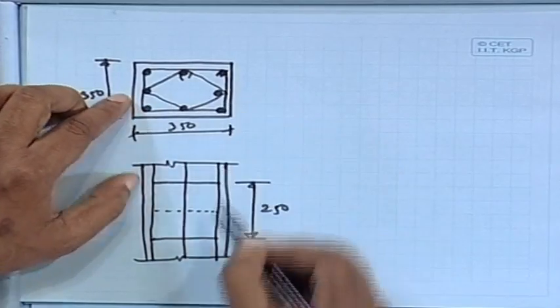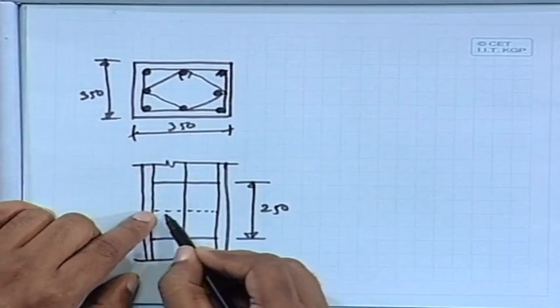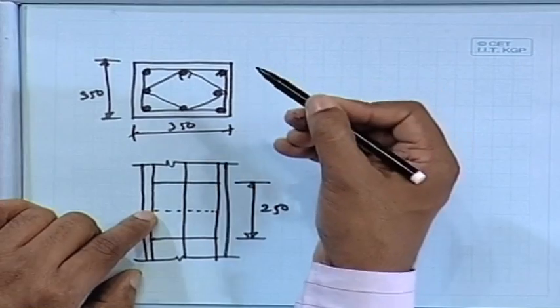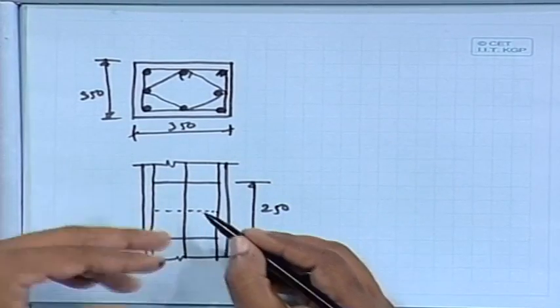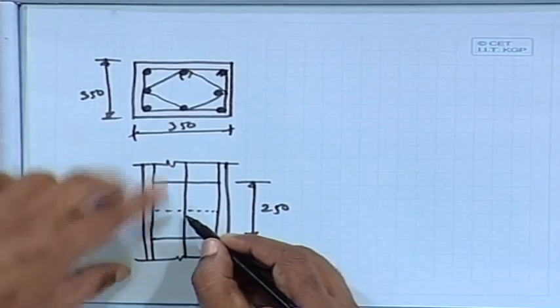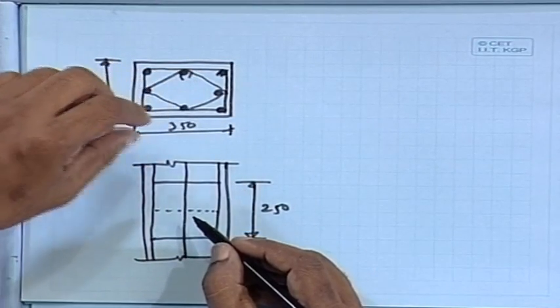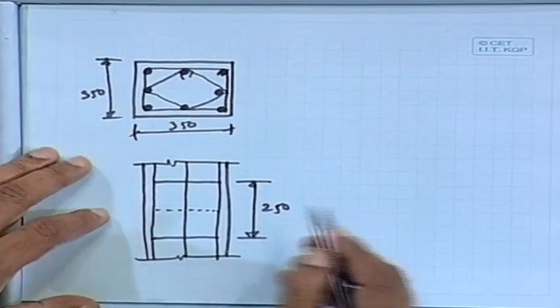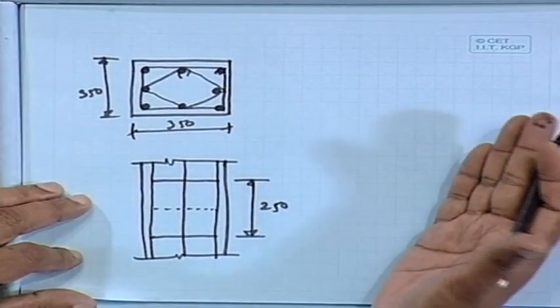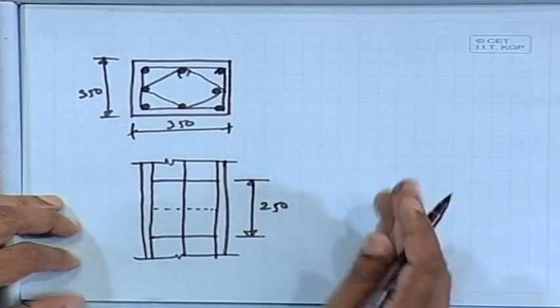I would like to provide this one at this level outer one, and this one I would like to provide say at 125. So, this gap will be 125, but it will go again at 250 interval. So, that way it is easier to bind it. So, I prefer that one, but the other one is also correct. It does not mean that that is wrong, that is also equally correct.